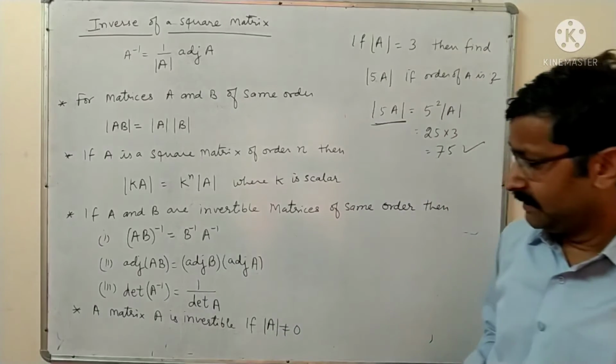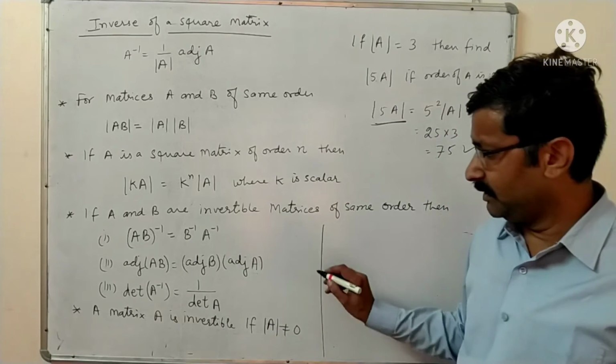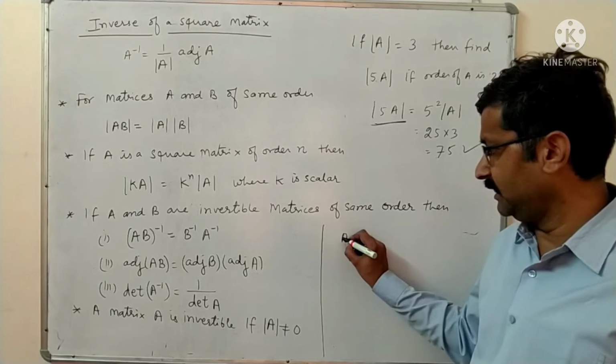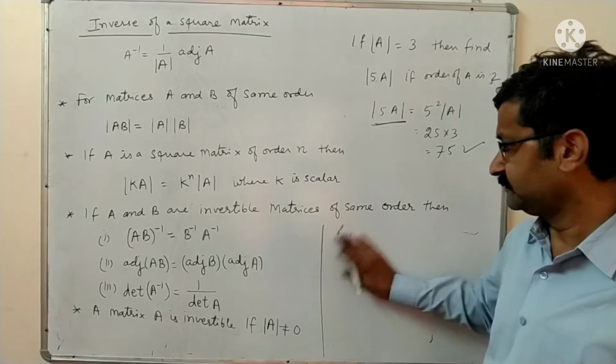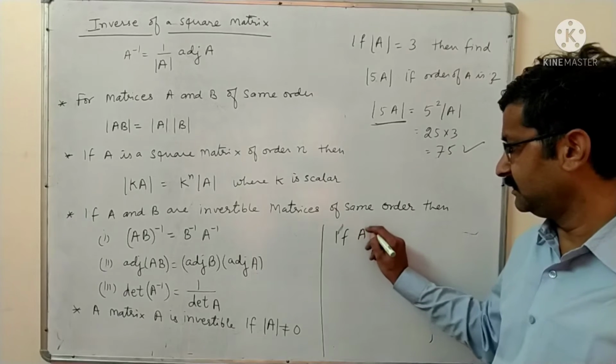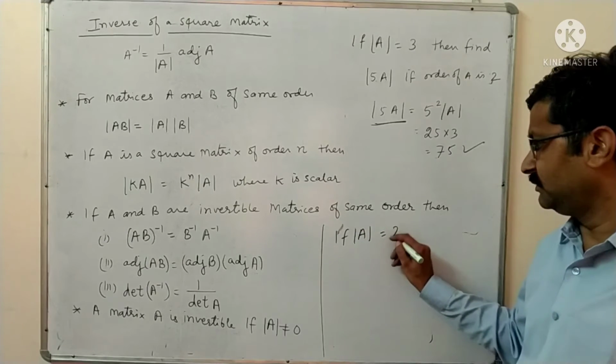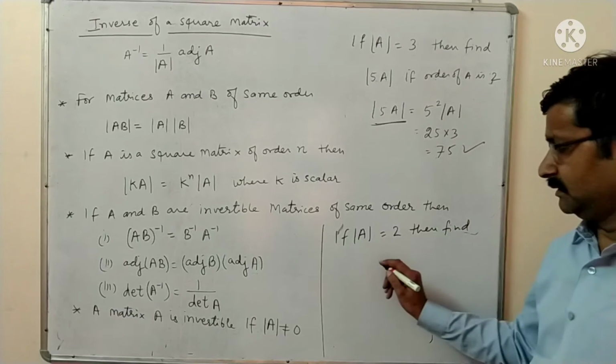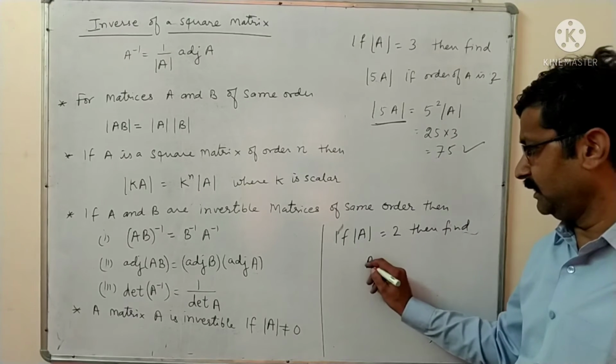Look here, what happens if A is given to you and determinant of A is given, say determinant of A is equal to 2, then find determinant of A inverse.